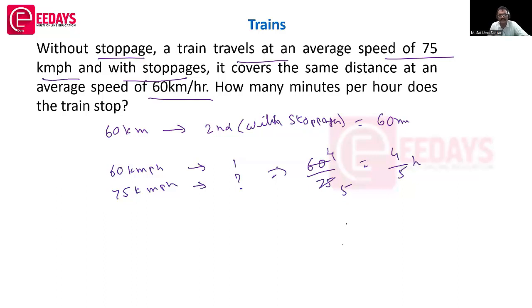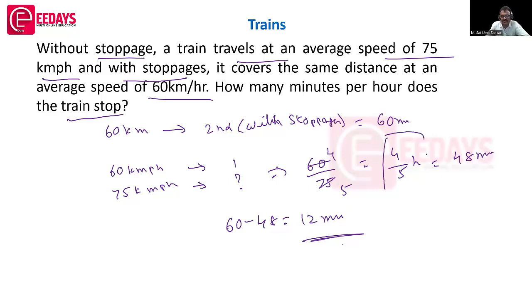What is 4 by 5 hours? That is equal to, suppose how to find, 48 minutes. So how many minutes per hour does a train stop? With stoppages 60 minutes are required. Without stoppages 48 minutes are required. So how much time does the train stop? 60 minus 48, that is equal to 12 minutes, which is the required answer.